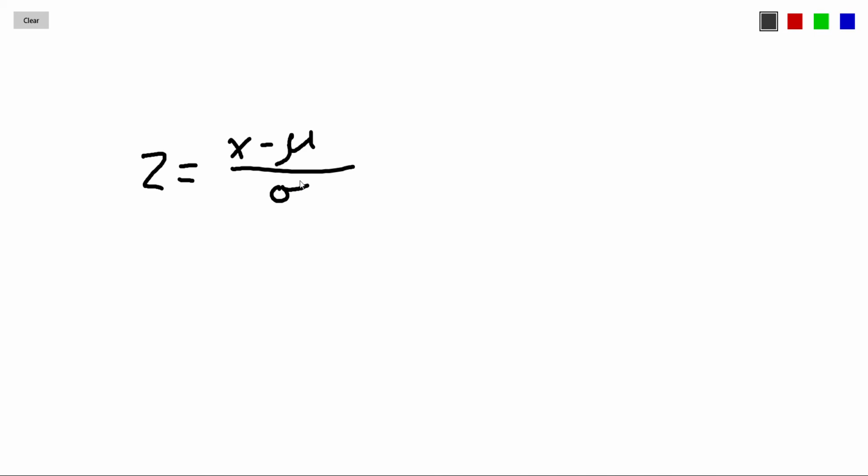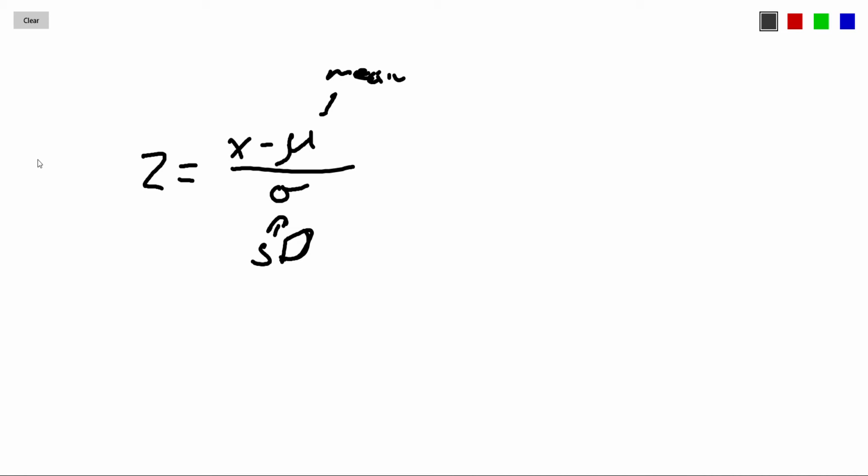It's a small lowercase sigma. And so x always represents the value. Mu always represents the mean. And sigma is always represented by standard deviation.